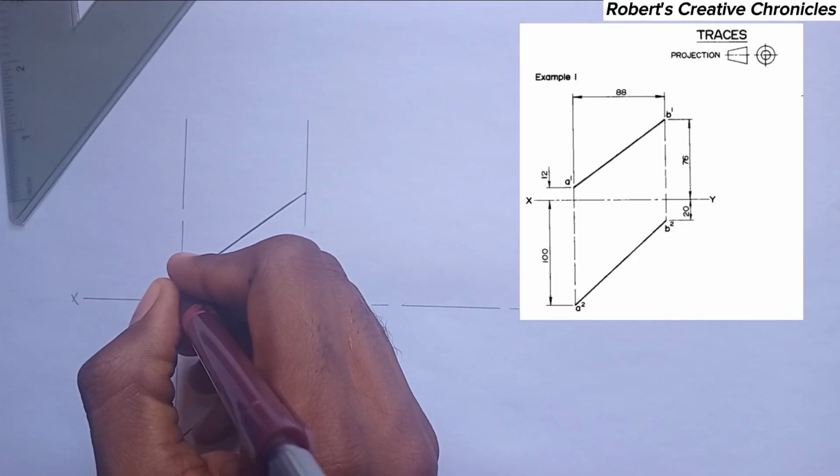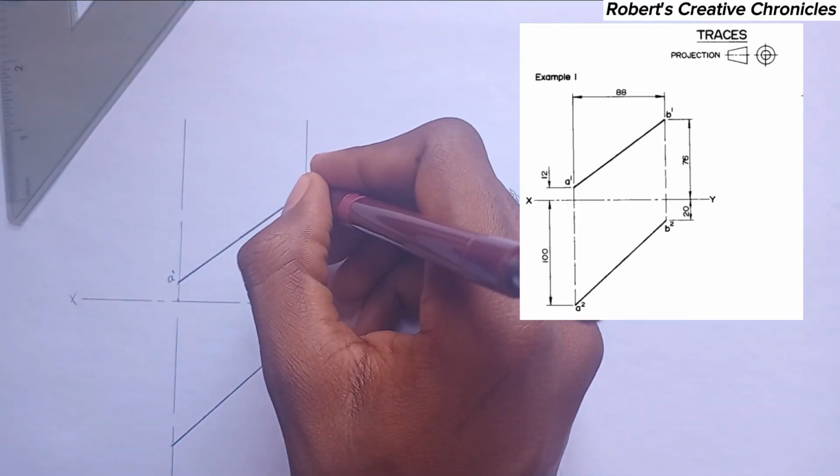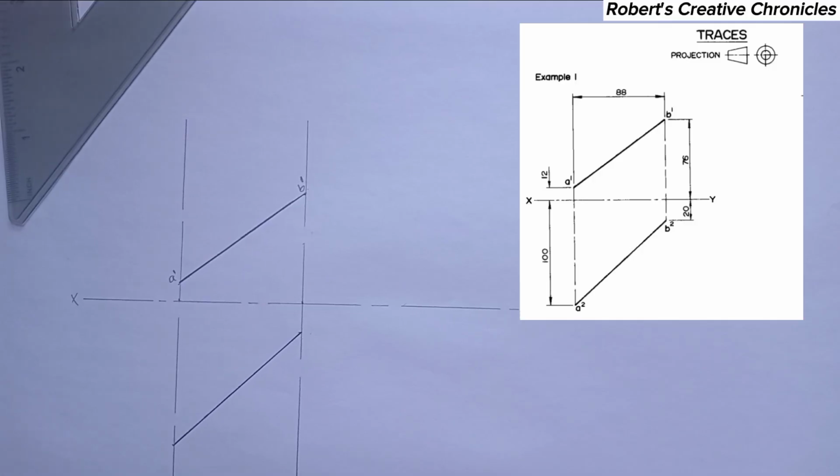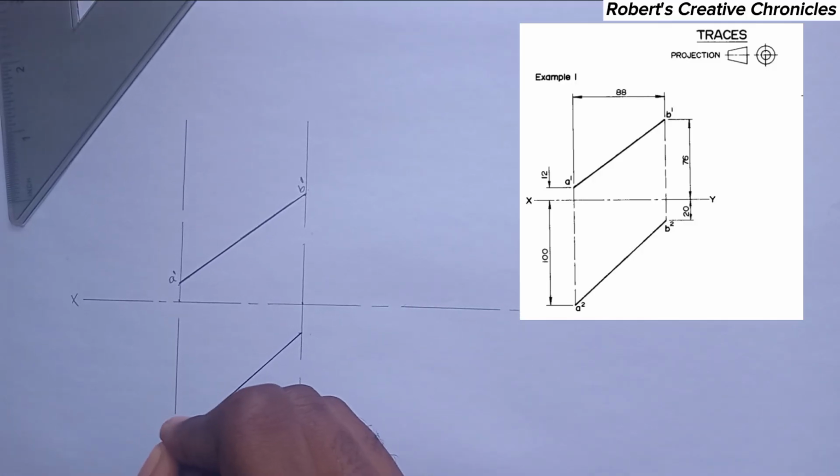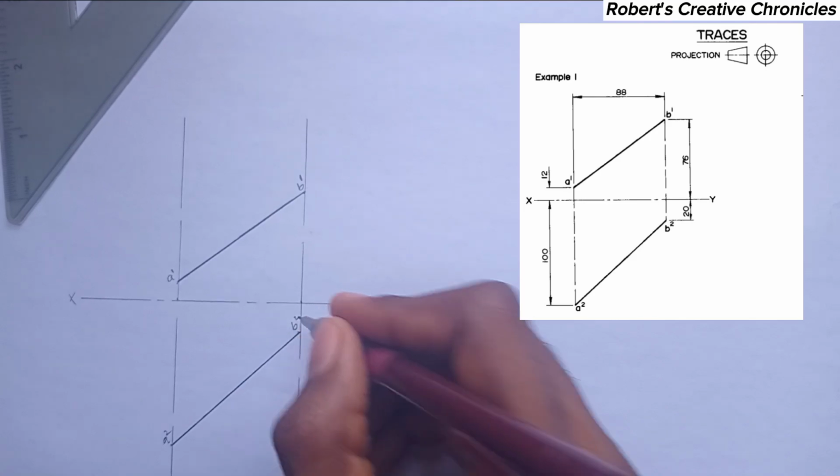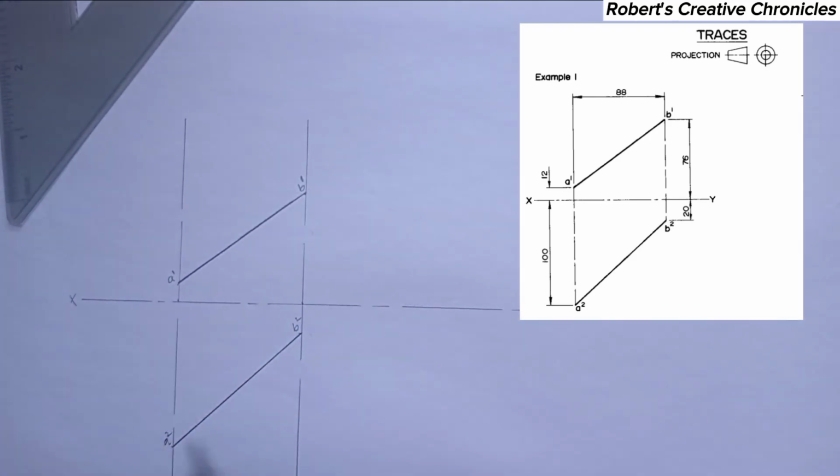So here is A1, B1, and here is A2, B2. Here is the elevation, here is the plan.